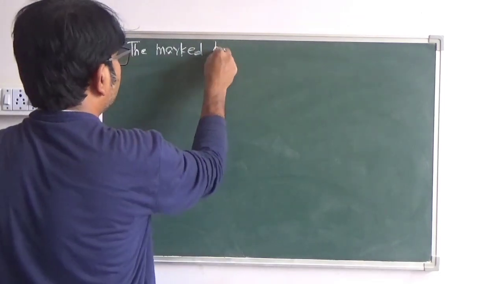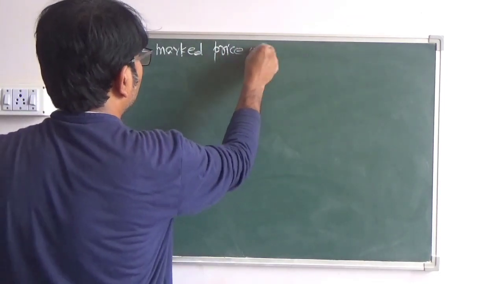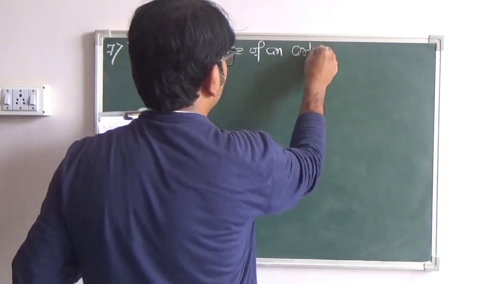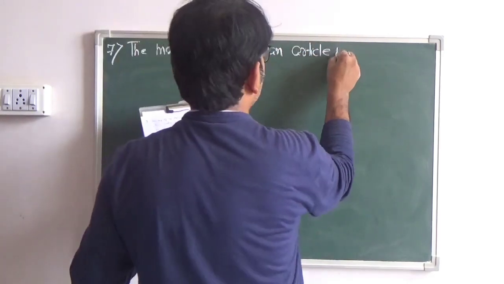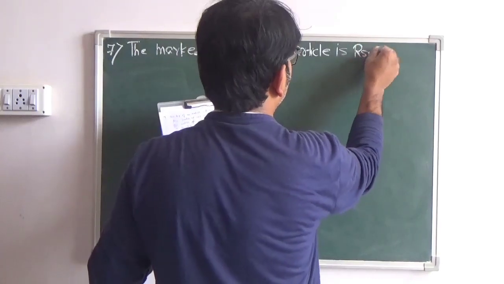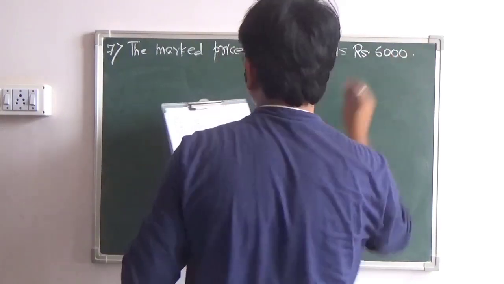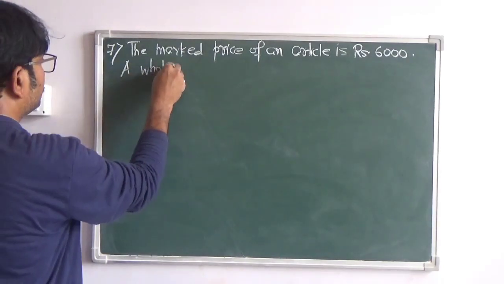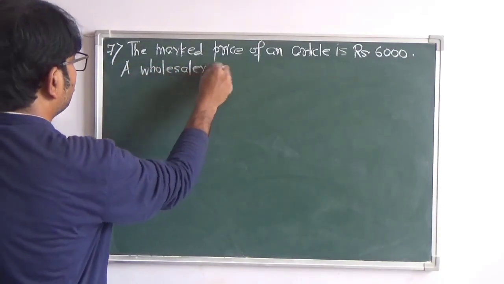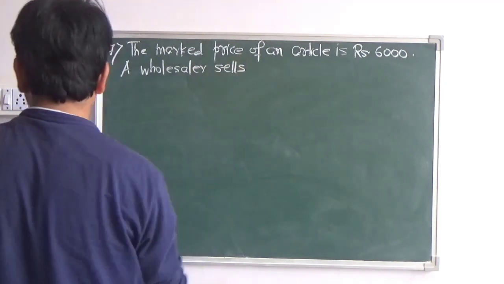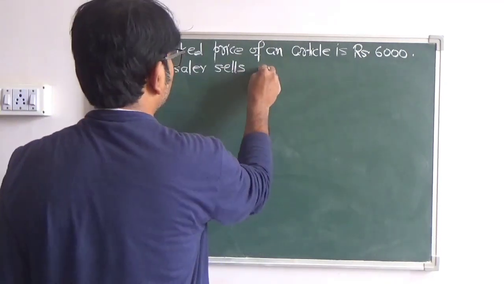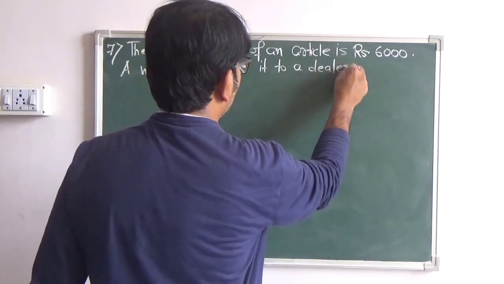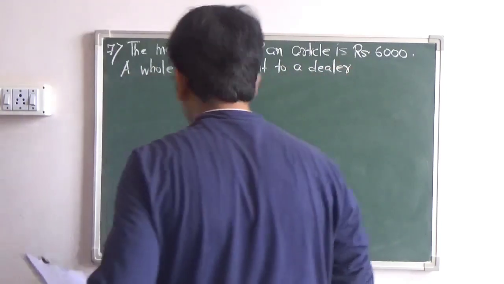The market price of an article is rupees 6,000. A wholesaler sells it to a dealer at 20% discount.